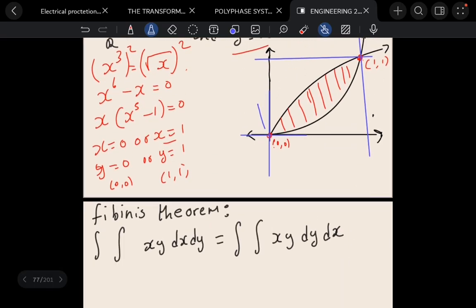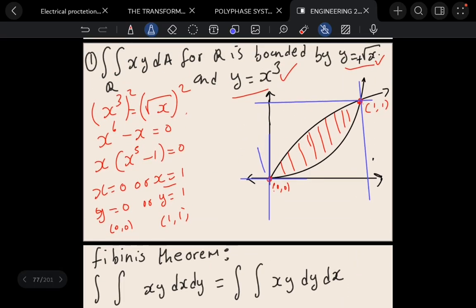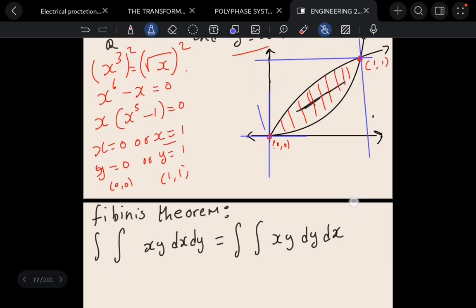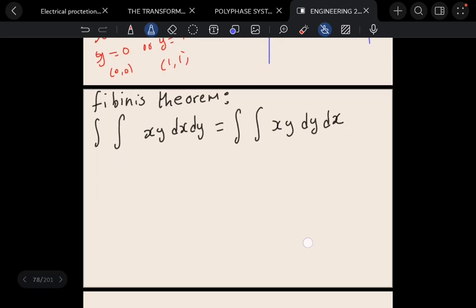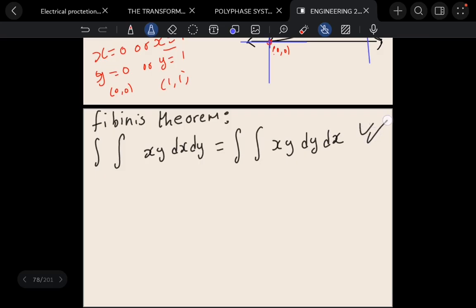So if both of the lines do not go through the middle of this region, it means that you can write the integral in this form, but you can only solve one, because if you solve this one, you're going to have the same answer anyways. So let us first set up this one.